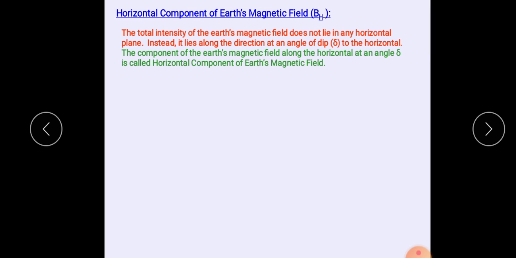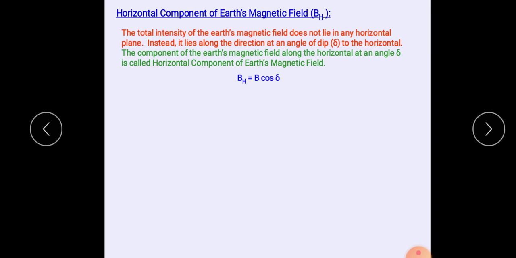Now the horizontal component of Earth's magnetic field. The total intensity of the Earth's magnetic field does not lie in any horizontal plane. Instead, it lies along the direction at an angle of dip to the horizontal. The component of Earth's magnetic field along the horizontal, at the dip angle delta, is called the horizontal component of Earth's magnetic field, and BH equals B cos delta.